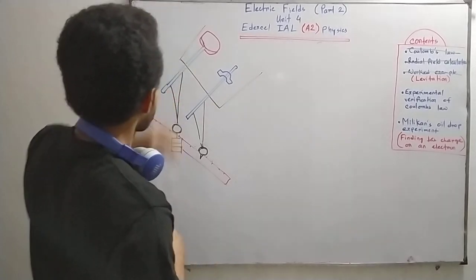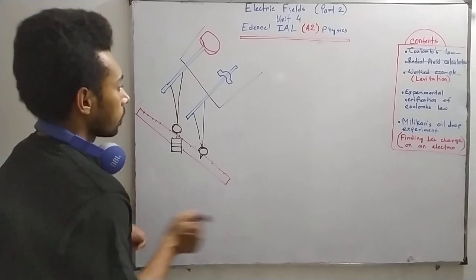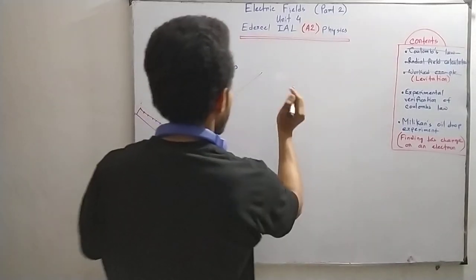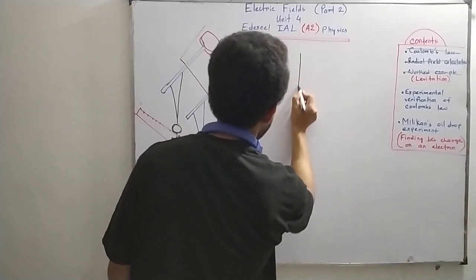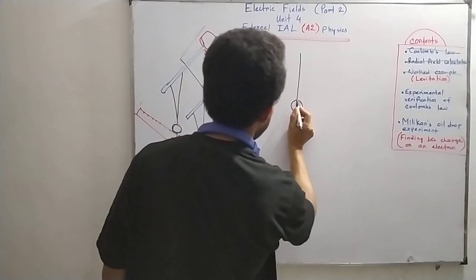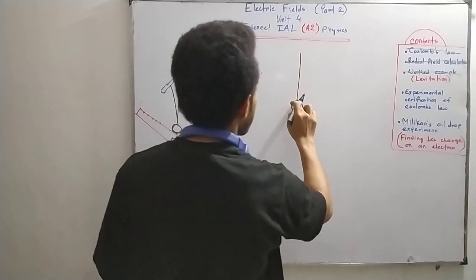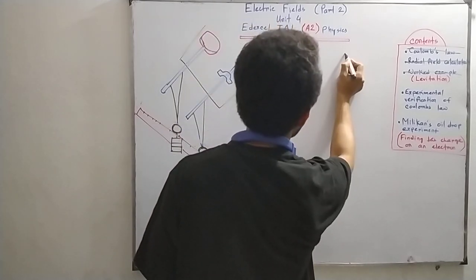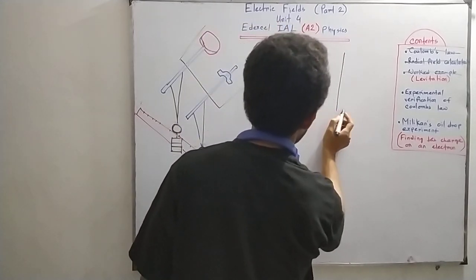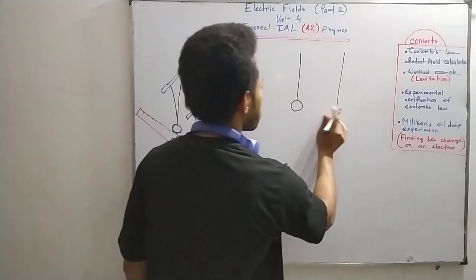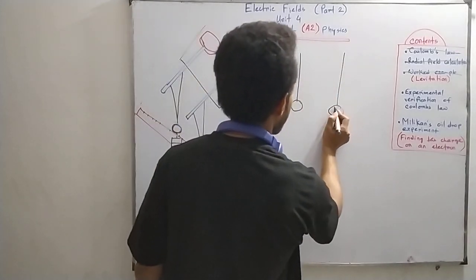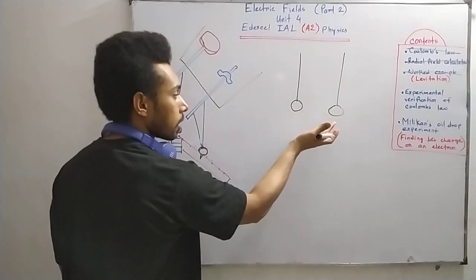Suppose looking from the front, you have a charged sphere suspended by a thread, and another charged sphere suspended by a thread. First consider the two spheres are neutral, and they have weight.